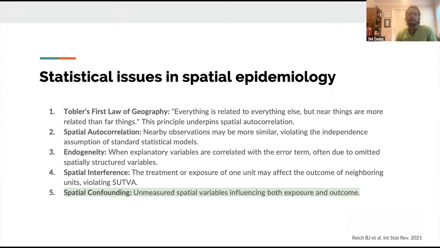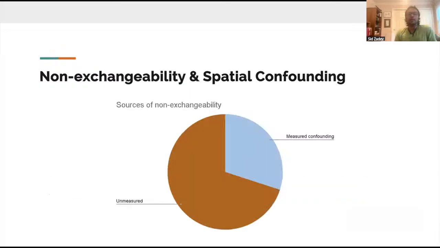Again, today we'll be focusing more on just the spatial confounding problem of all of this. Okay, so whenever we have observational, non-RCT data, we know that we may have a problem of non-exchangeability, meaning that our control group and our treatment group may not be exchangeable with each other.